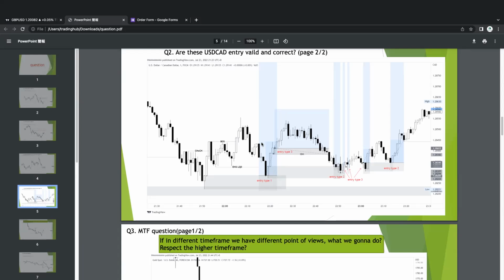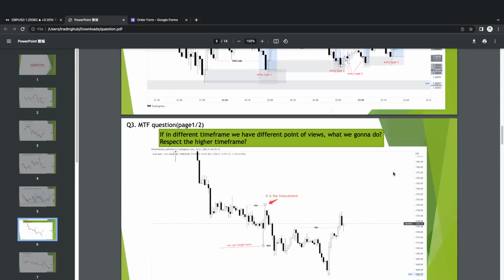At this point, structure break, go higher, entry type two, sweep. These look like very good entries here. Obviously, these are all valid entries. Excellent.